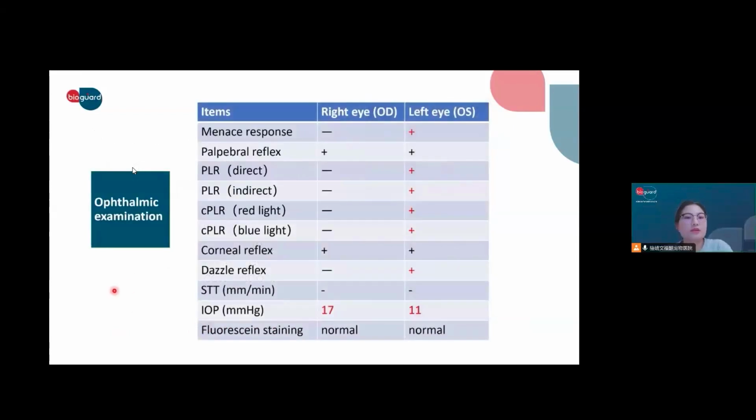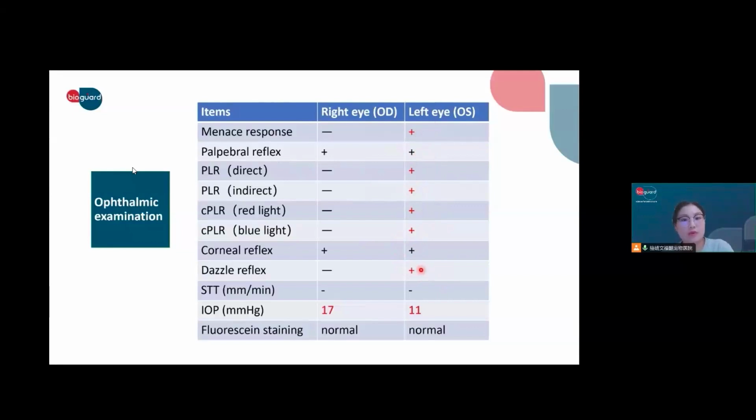So we performed the ophthalmic examination for this dog. We found that his left eye has regained vision. The balance response was normal. The pupillary light reflex, direct and indirect, and vision-related tests were normal.